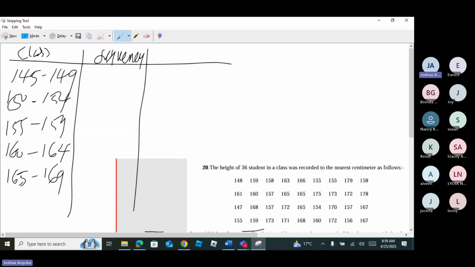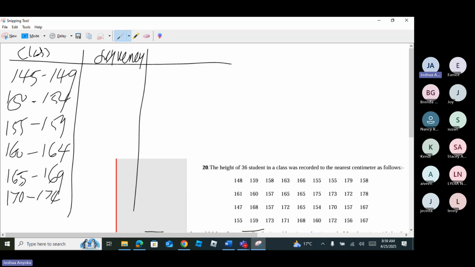We have 170 to 174. Anything above 175, if it comes up, we will accommodate it.